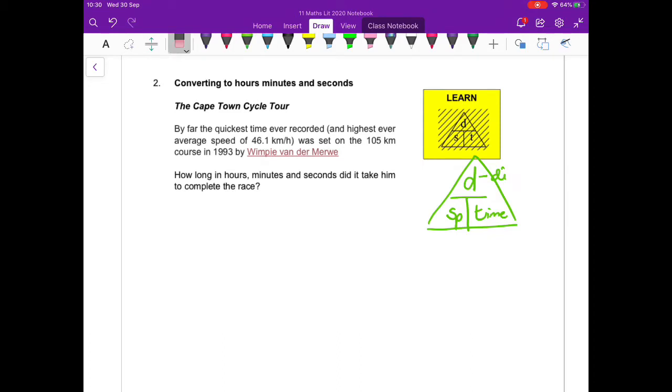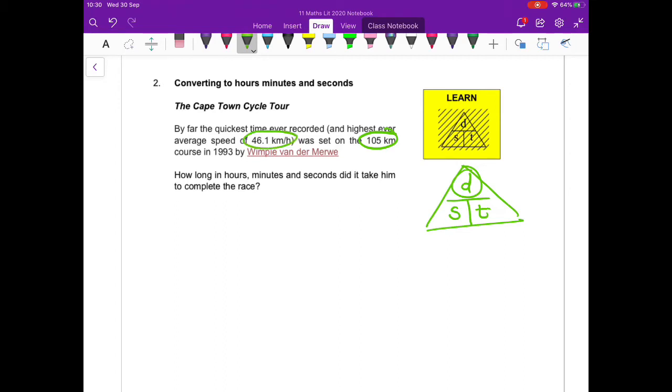Right, so we have our DSTB triangle. Let me just do it neatly. So again, D, S, T, upside down V, and I have a look. I've got 105 kilometers, so I've got the distance.